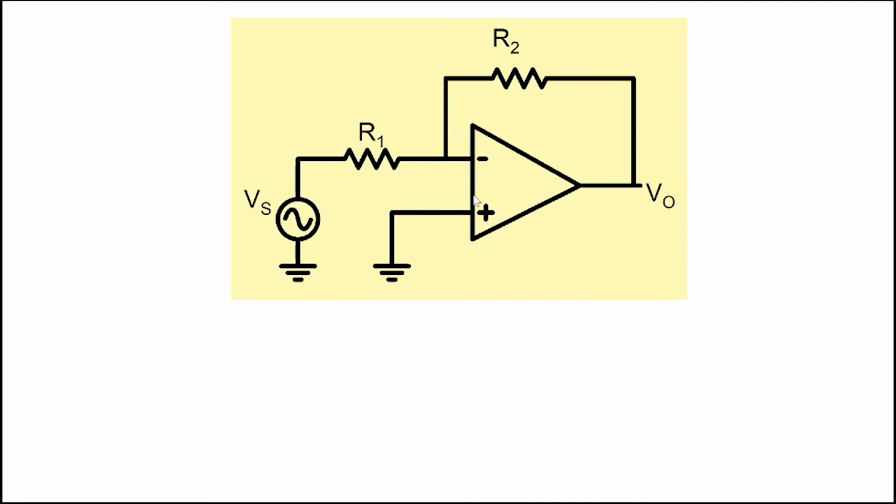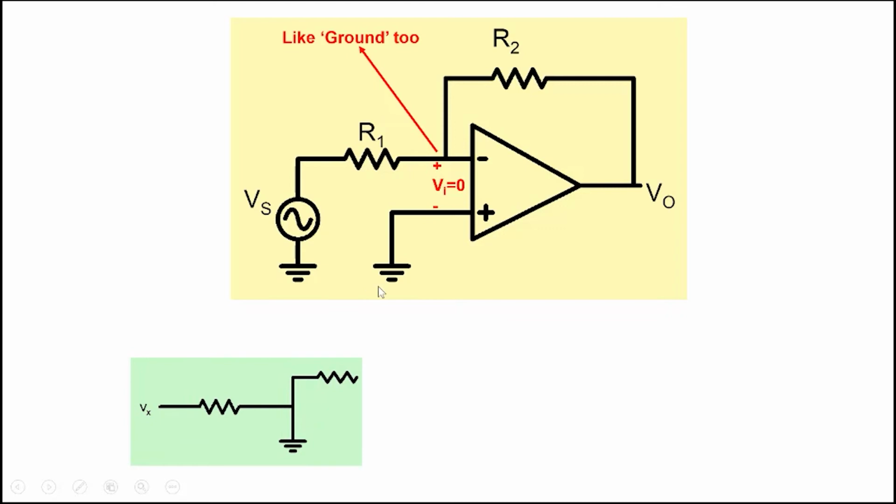So all our op-amp circuits with negative feedback will have this particular property: Vi equal to 0, like a ground. But not exactly, that's why we call it a virtual ground. Because if we had this resistor R1 like this and it was actually ground, then all the current would go into the ground. On the other hand, in our case, the current that comes in here cannot go into the op-amp.